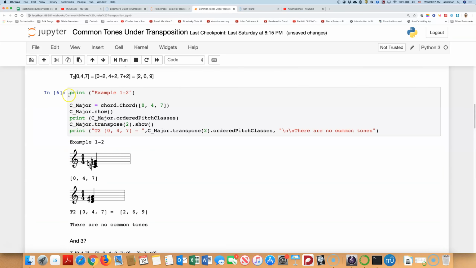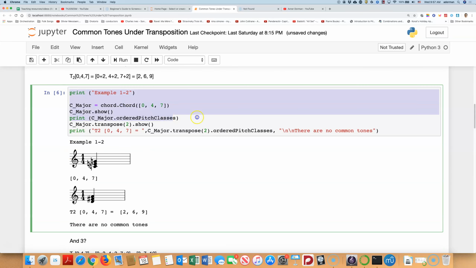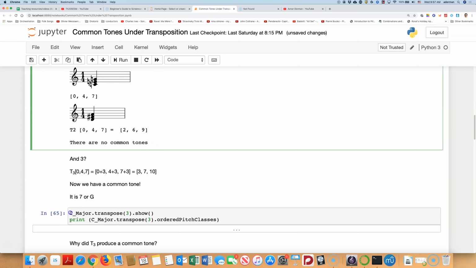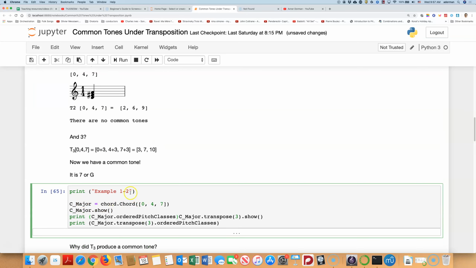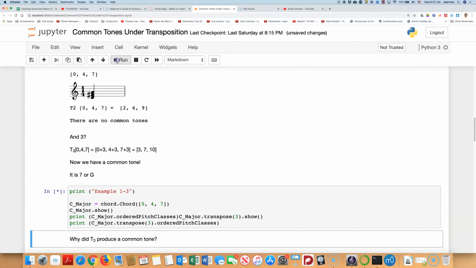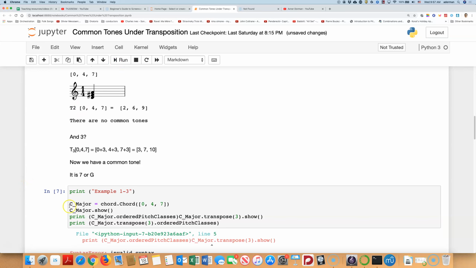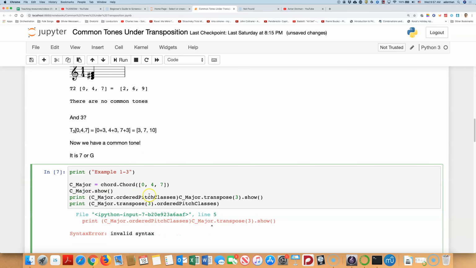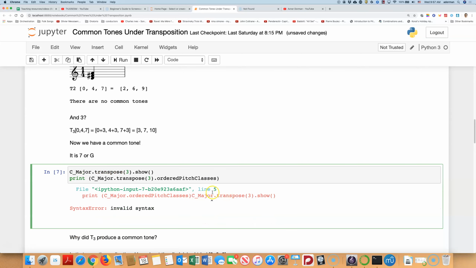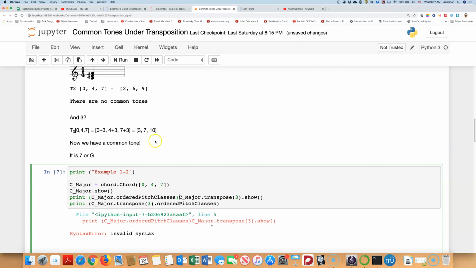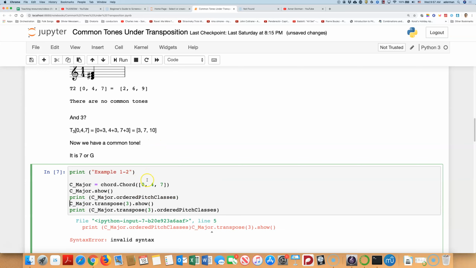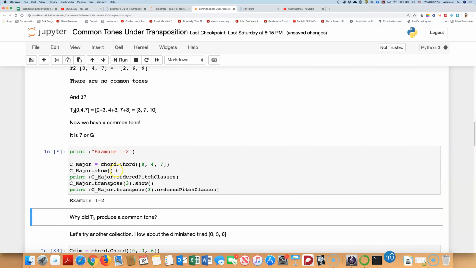So let me just add a little bit more here. So we see the original chord, the original set. Sorry, something here doesn't work. Here we go.